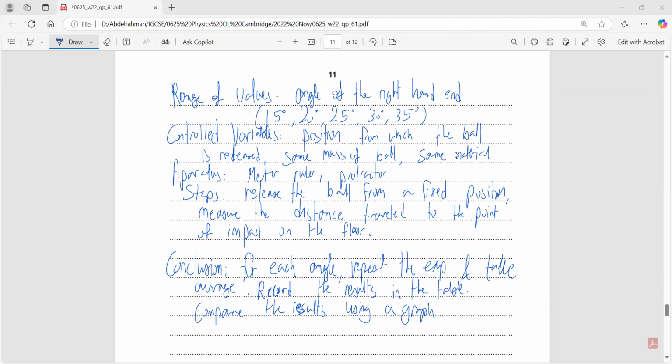Using a graph to compare the distance traveled with the angle. That's it. That's it for this exam.